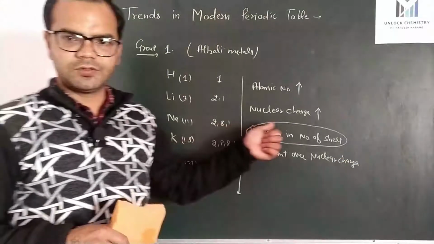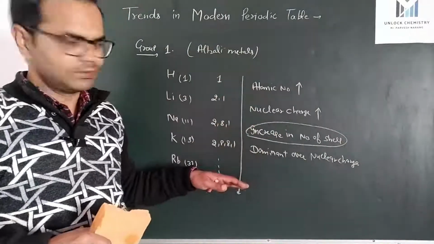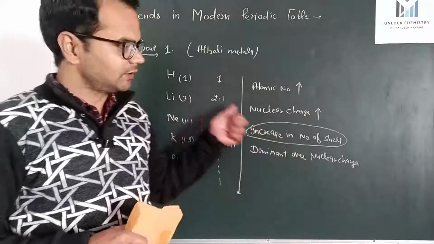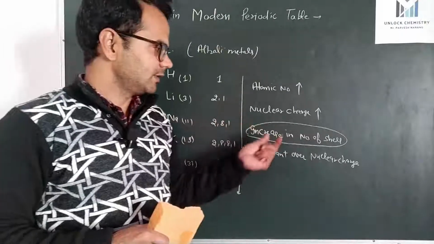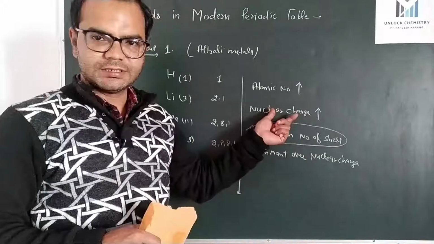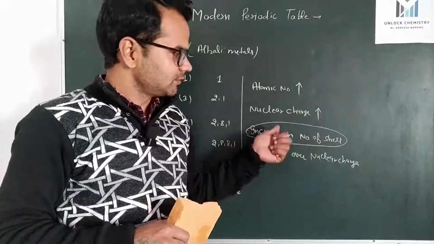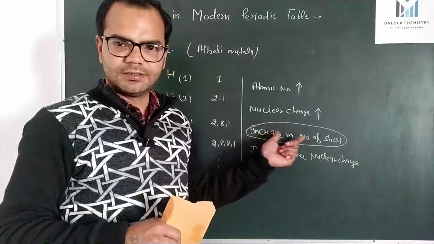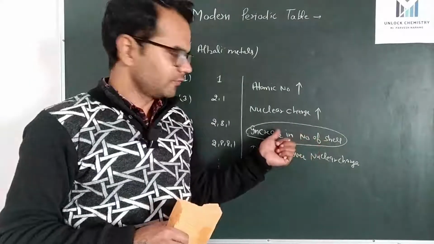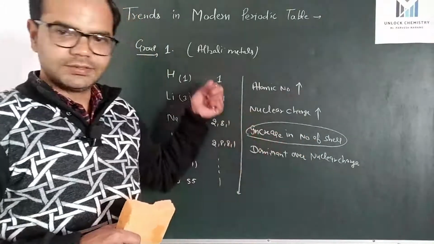So increase in number of shell, one shell is increasing as we move down the group. That results into increase in atomic size. So we can say extra shell outweighs the effect of a nuclear charge that tries to decrease the size. So resulting effect is an increase in a number of shell. As number of shells increase, there is increase in atomic size.